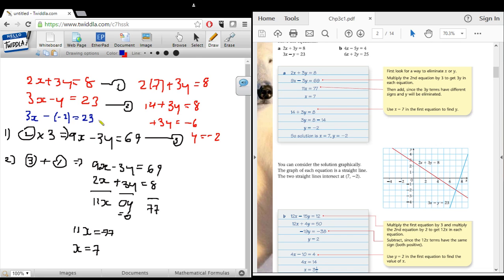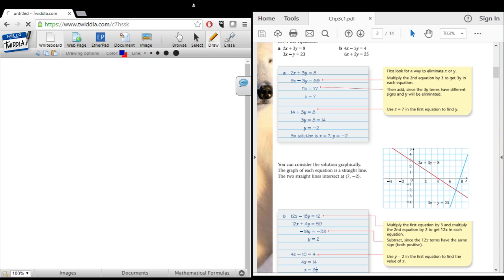So we're going to have 3x equals 21. So this will give us x equals 7. So we've used different ways and different equations to get the same answer, which gives us that reassurance that it's correct. That's very simple, easy.